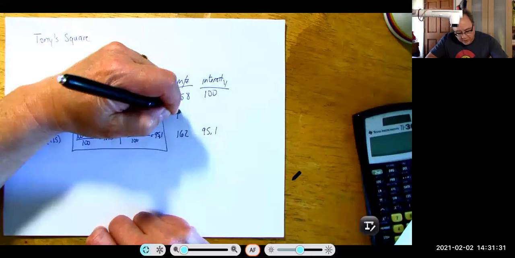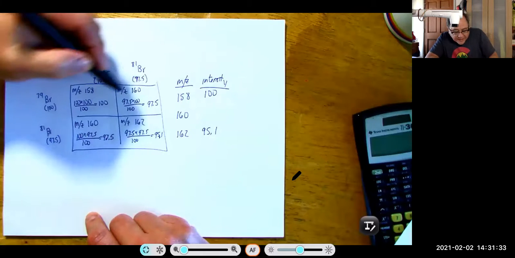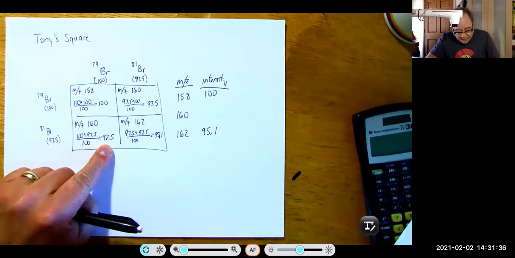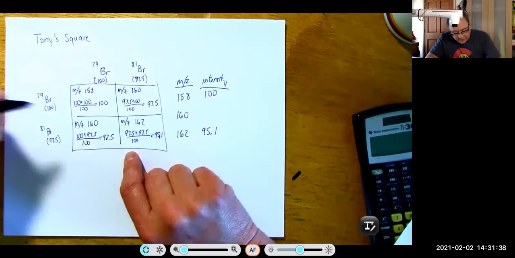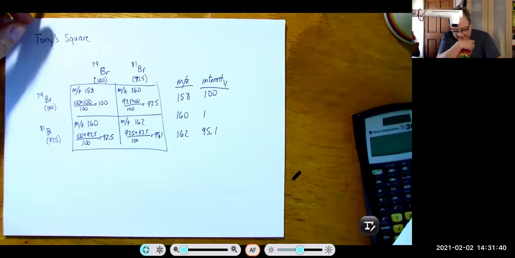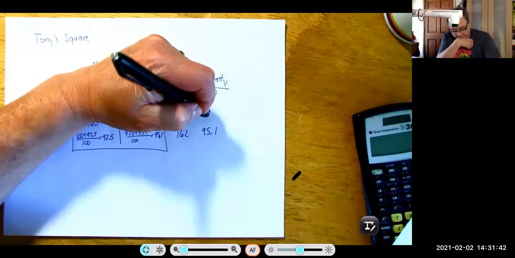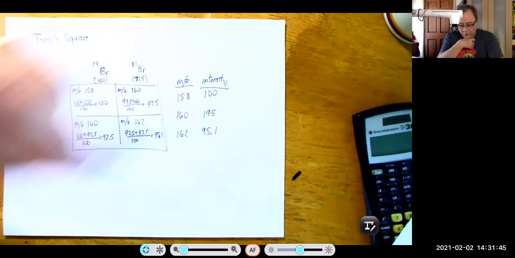But for our mass to charge ratio of 160, you've got a 97.5 and another 97.5. When you add them together, you get 195.0.